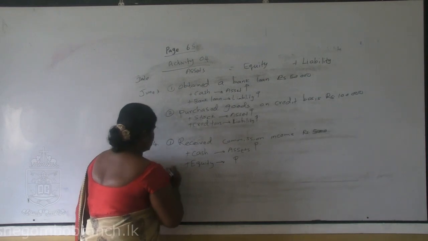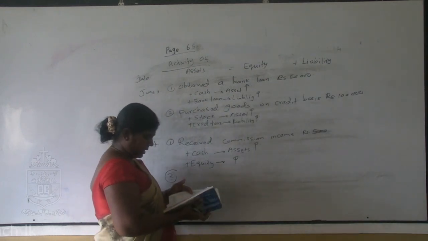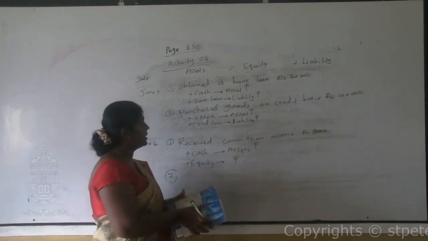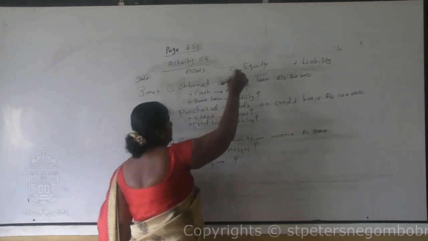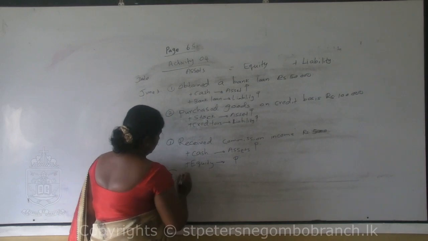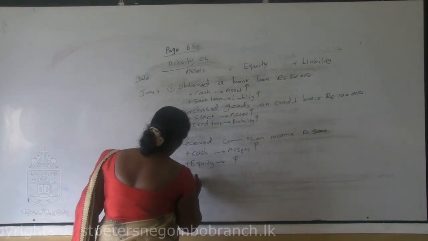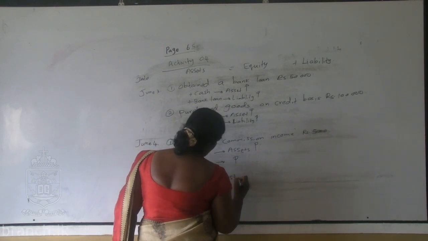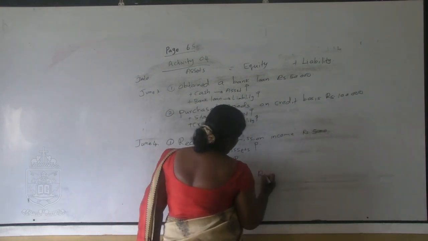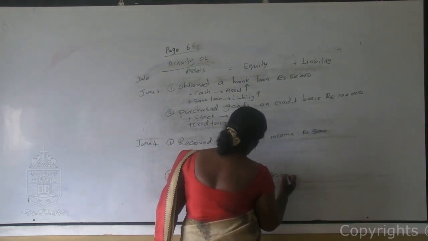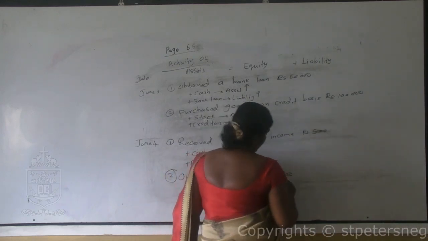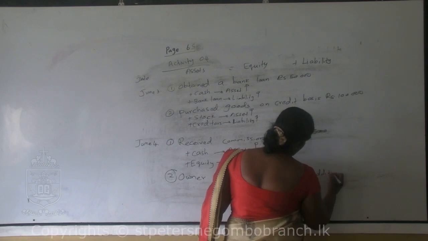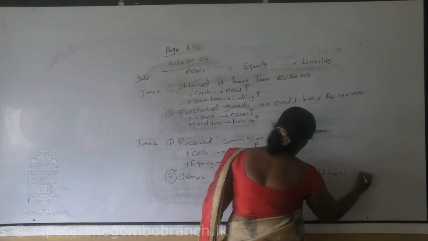Another transaction you can consider here, additional capital. By investing additional capital, again assets will increase, equity will increase. An investor invested 40,000 rupees as additional capital.